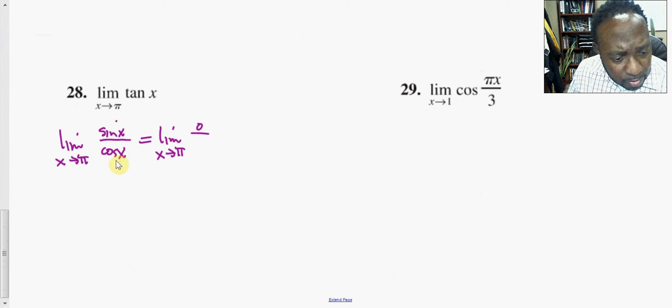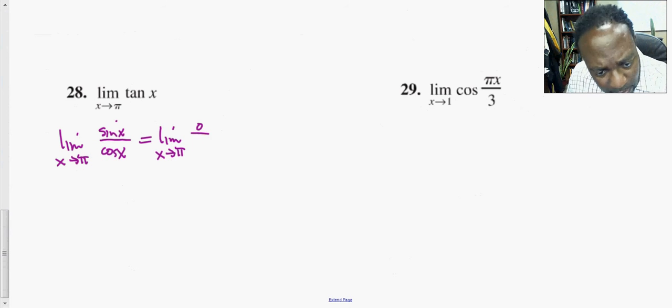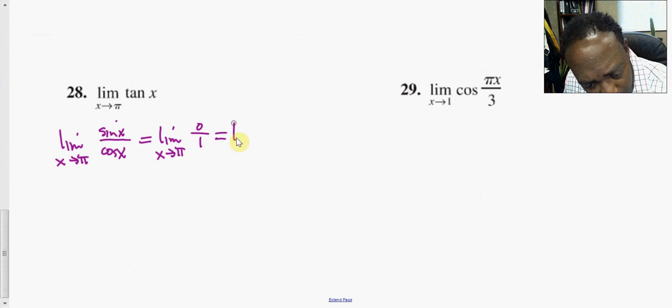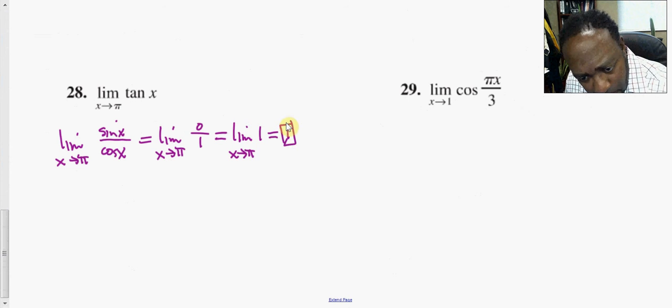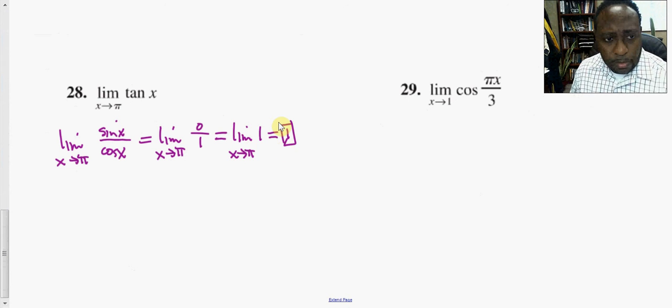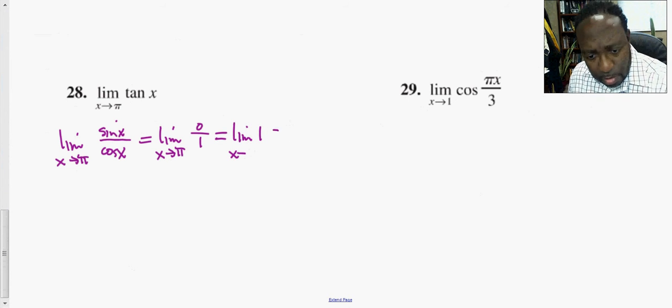Then the limit of cosine x as x approaches pi is negative 1, so 0 divided by negative 1, this is not undefined, this is defined. It is 0. So this is the limit of 0 as x approaches pi, and the limit of a constant is a constant. So the answer is just 0.